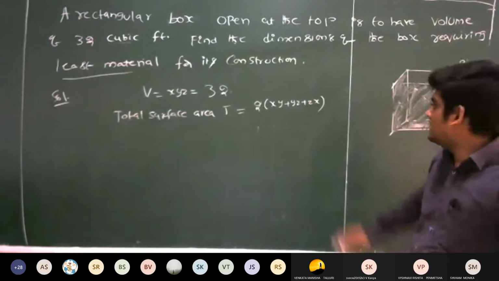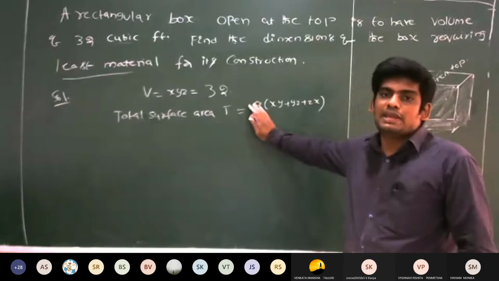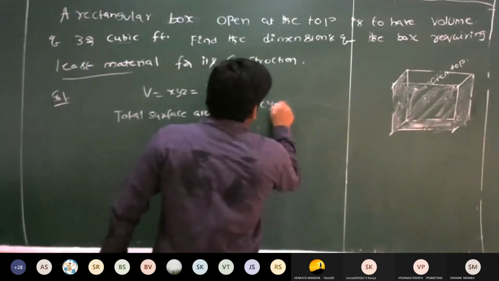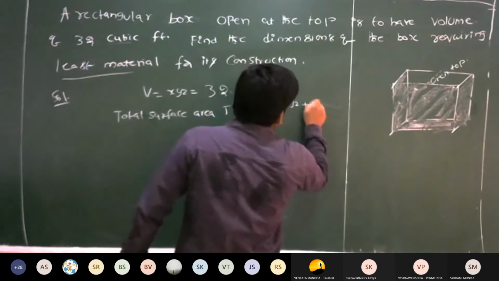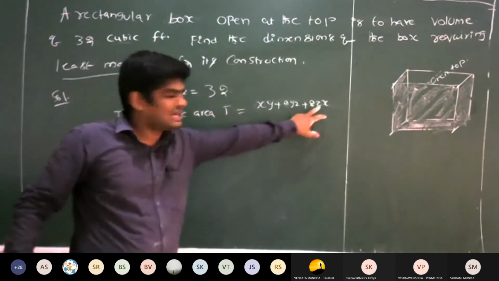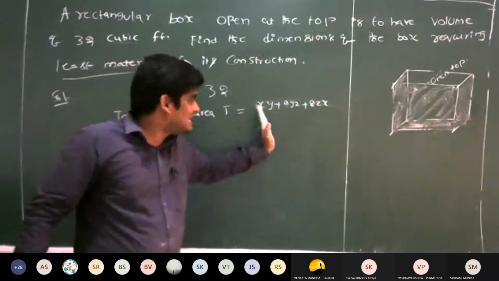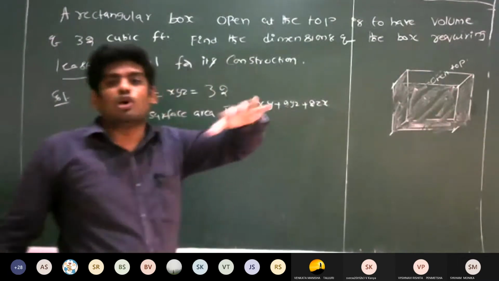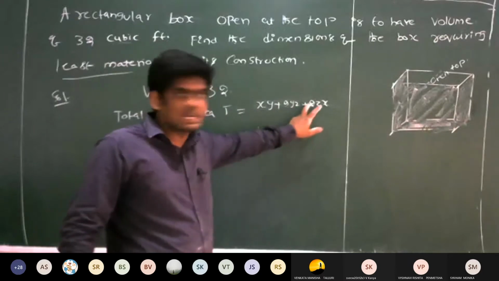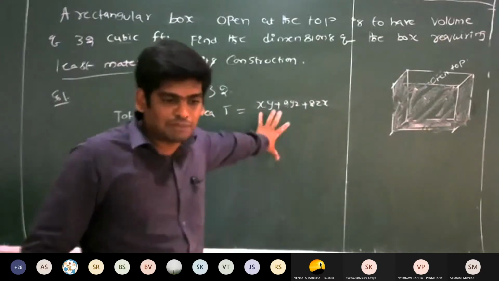But here the top is open, so because of that it is xy plus 2yz plus 2zx. Originally it is 2 into, but one top is open, it is not closed. So it is xy plus 2yz plus 2zx. Is it clear up to this?